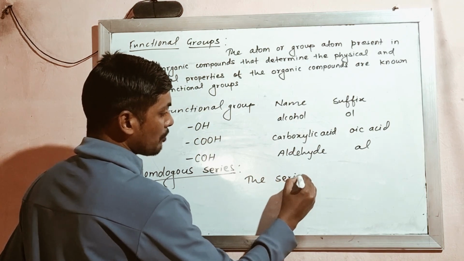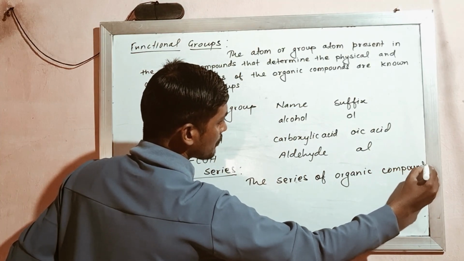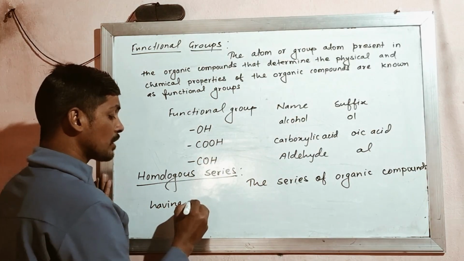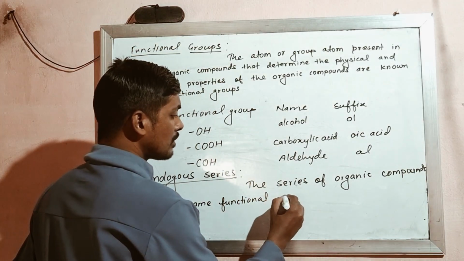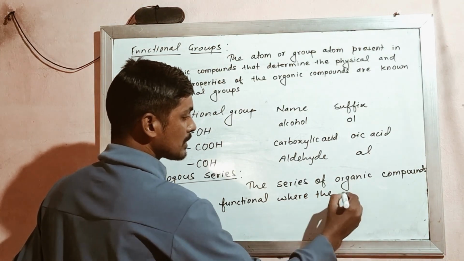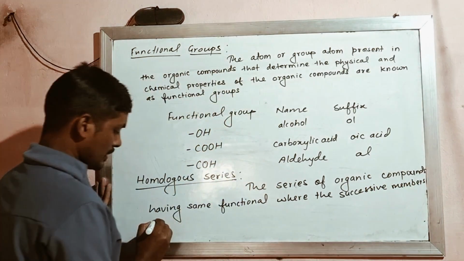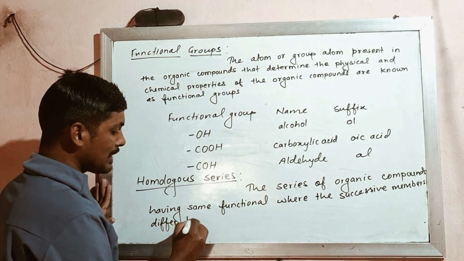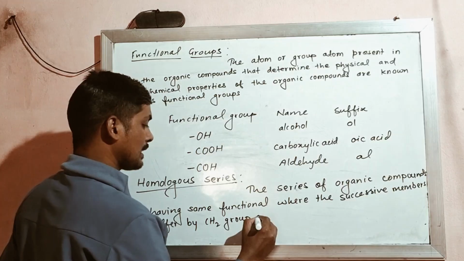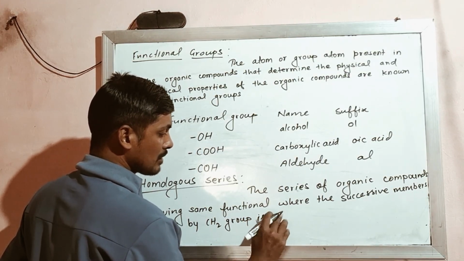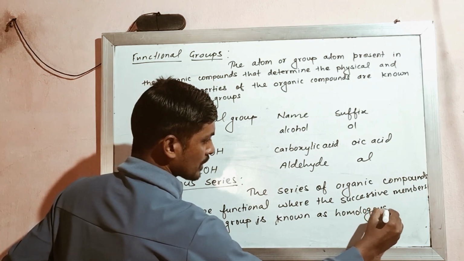The series of organic compounds having the same functional group, where the successive members differ by CH2 group, is known as homologous series. Homologous series.